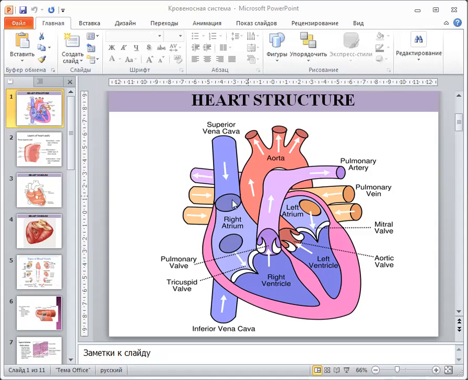The right atrium and the right ventricle make up the right atrial heart. They are connected by apertures where a valve is located. There is a tricuspid valve between the right atrium and the right ventricle.